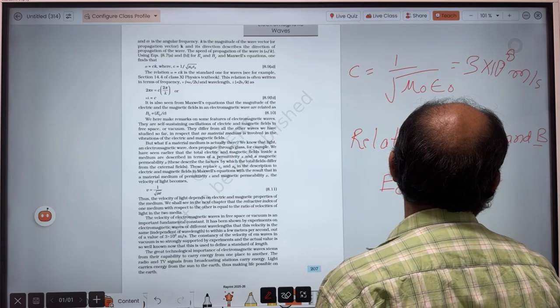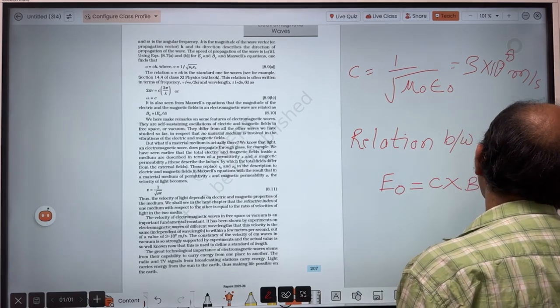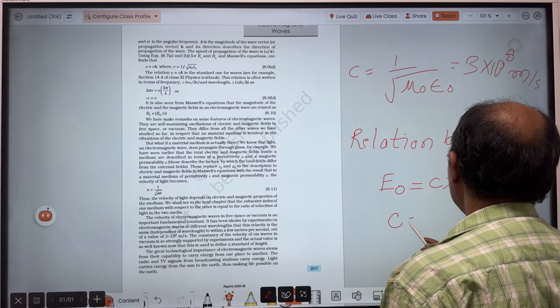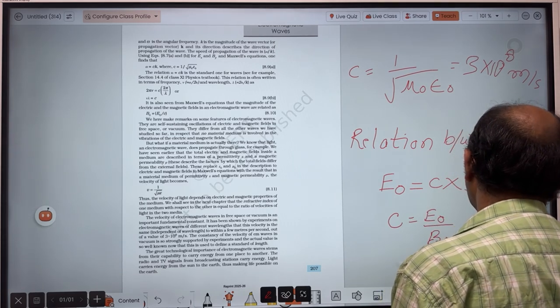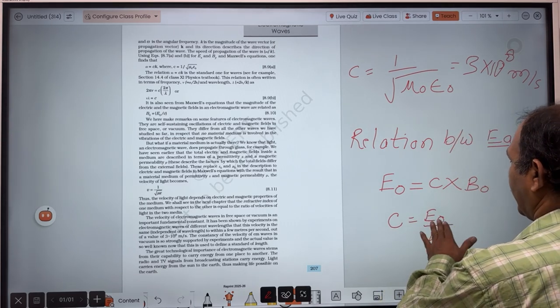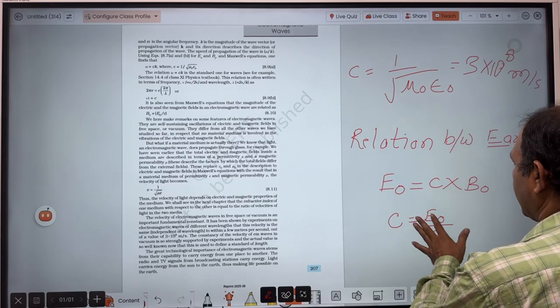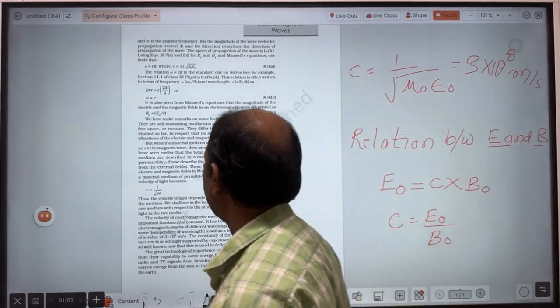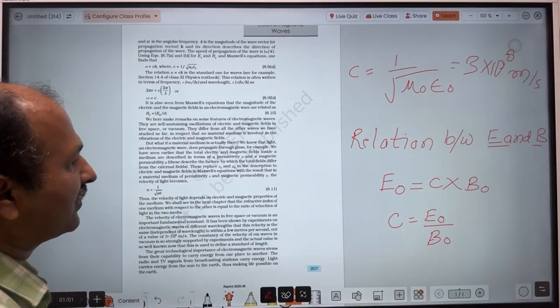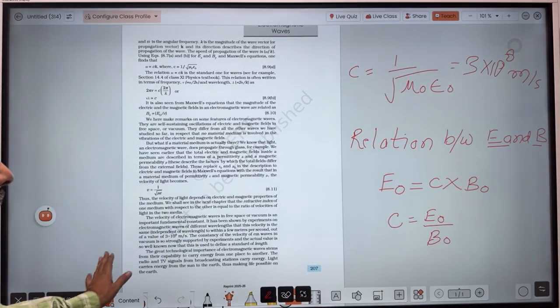So E0, the electric vector, will be c times B0, or c is E0 divided by B0. So you can say the maximum value of electric field divided by the maximum value of magnetic field gives the speed of light, or EM waves.